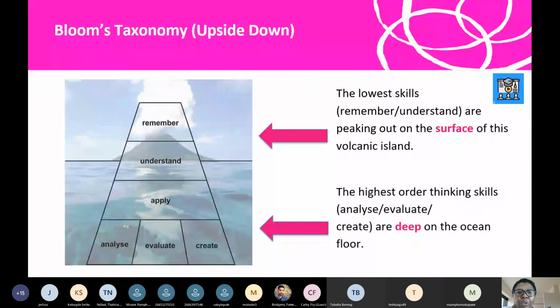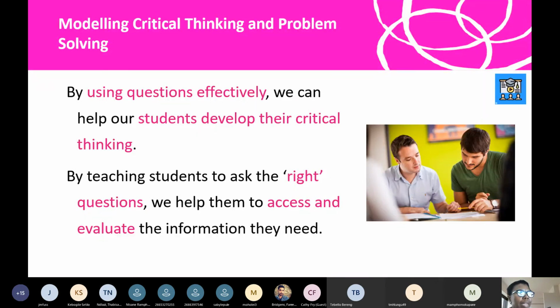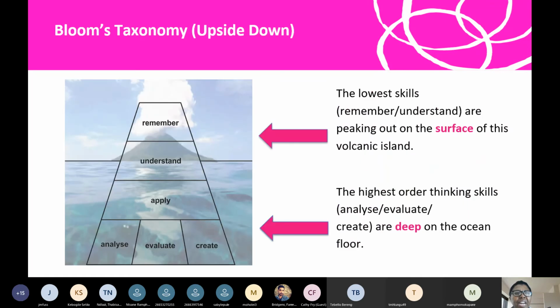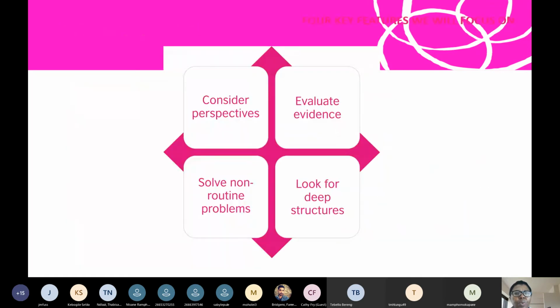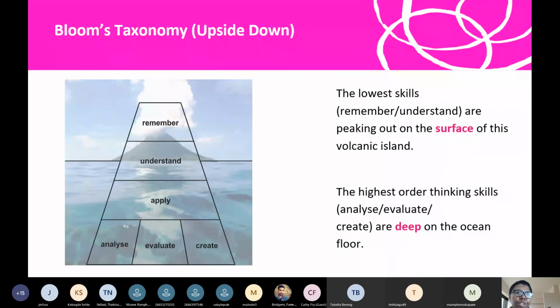Are we together, guys? Learners cannot think critically on their own, learners cannot have these 4 skills without us. Learners cannot enjoy Bloom's taxonomy without the teachers.